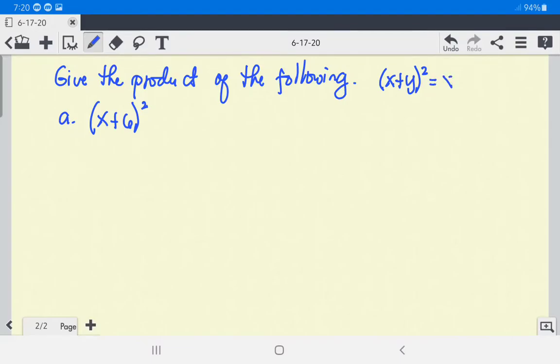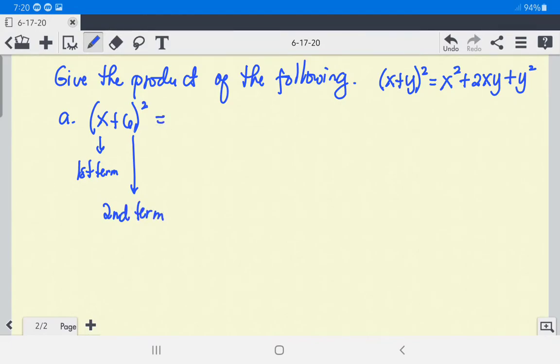That is equal to the square of the first term plus twice the product of the first and the second term, 2xy, then plus the square of the second term, that is y squared. So here the first term is x and 6 is the second term.